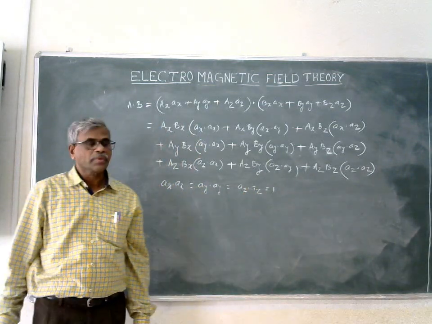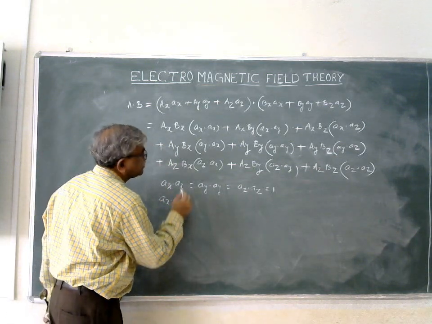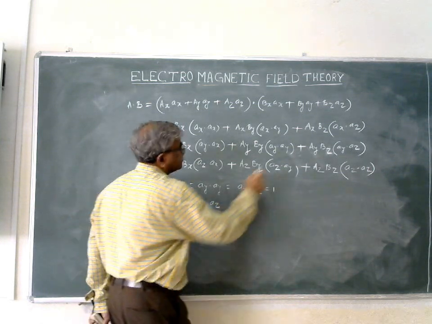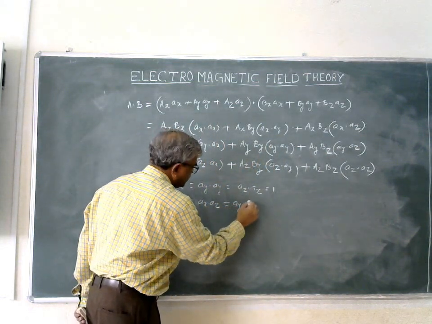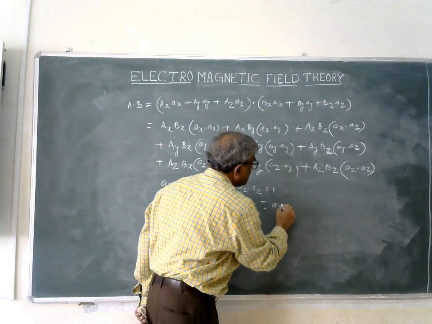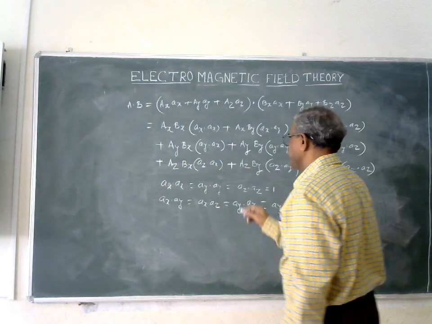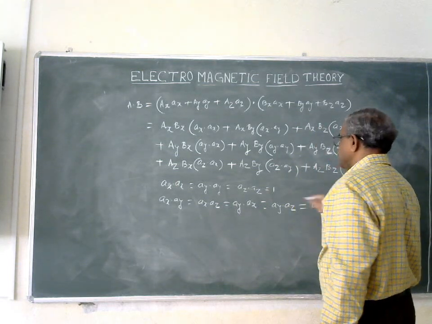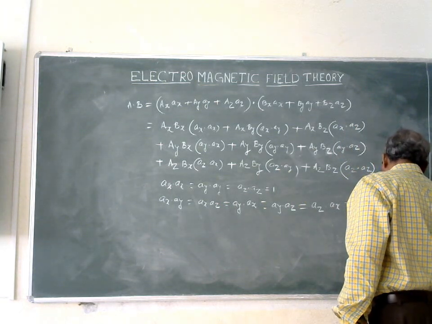And the remaining terms ax dot ay, ax dot az, ay dot ax, ay dot az, az dot ax, az dot ay are all equal to 0.